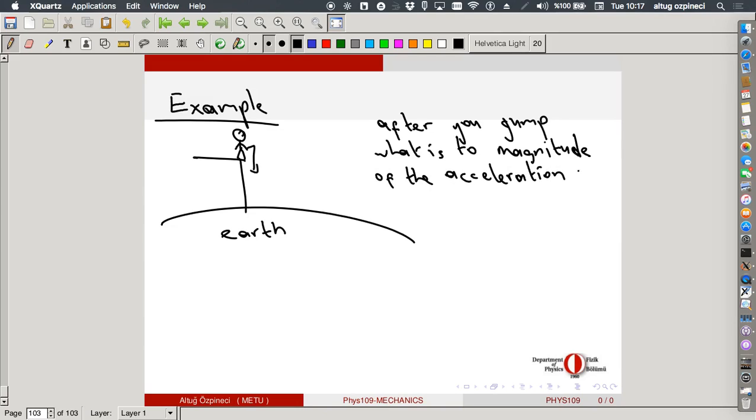According to your G, vector is minus G. Order of magnitude. I don't want the exact number. The answer is not G. Related to what? To any inertial reference frame.